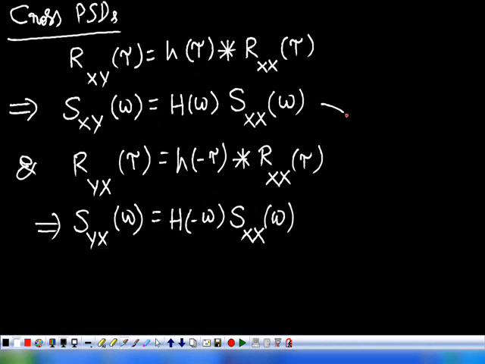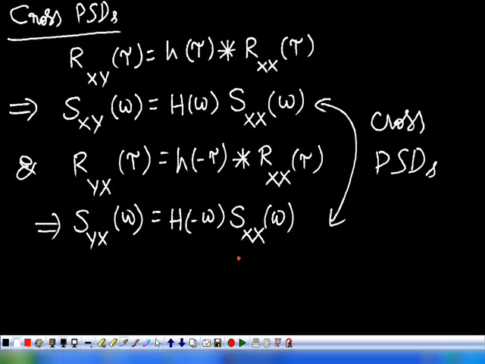So these two are called the cross power spectral densities of the input and output of the LTI system, which is excited by a random input signal.